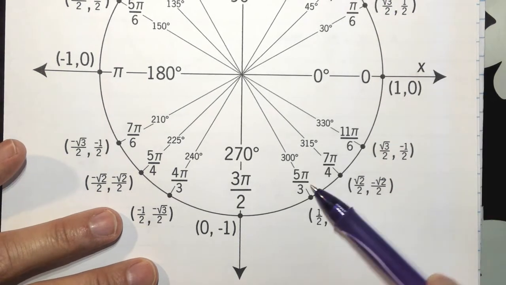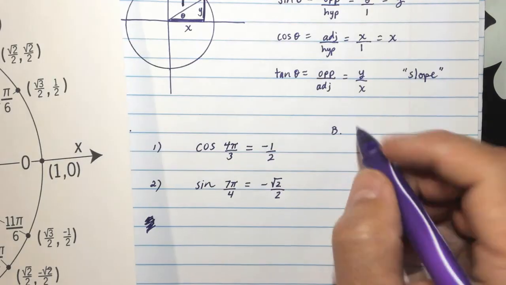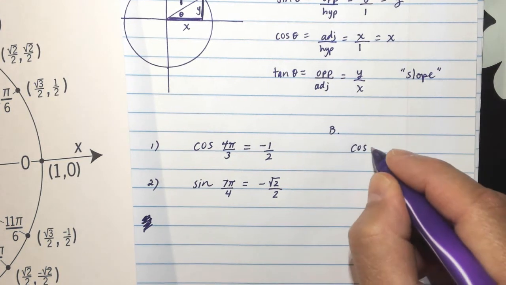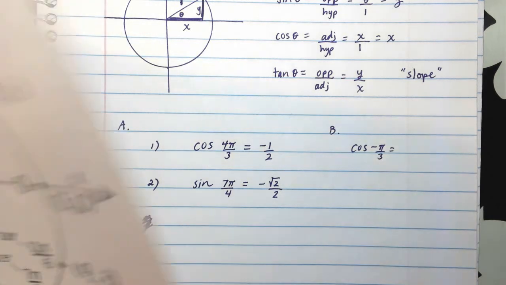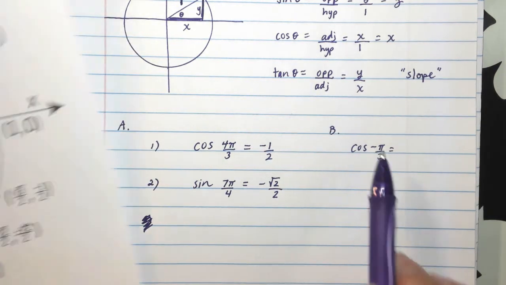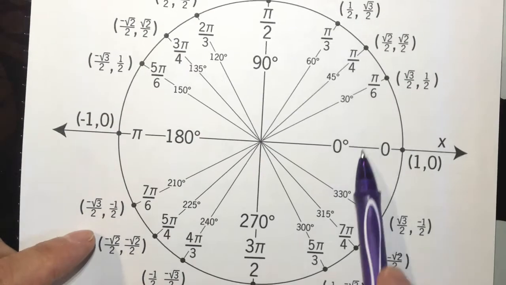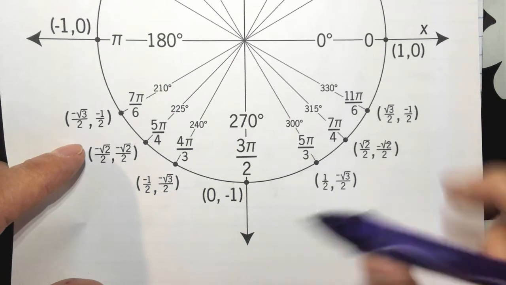Negative pi thirds would be right there. The fact that it's a negative angle means you go down. So there's positive pi thirds, there's negative pi thirds, the exact same distance.